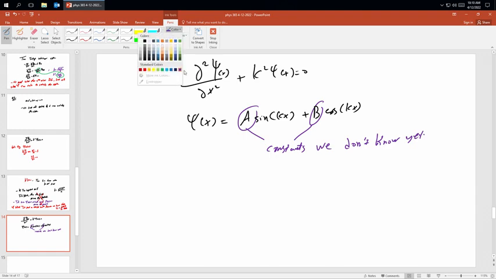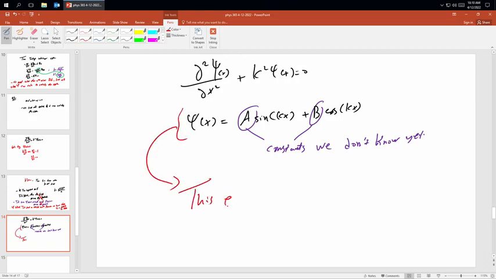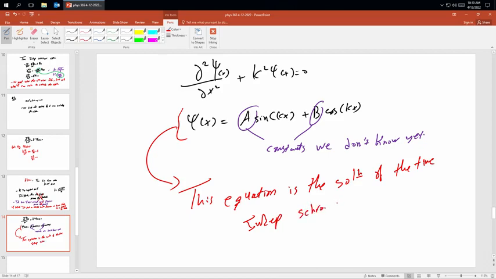And we're going to say that this equation is a solution of the time independent Schrodinger equation between the walls of the well.